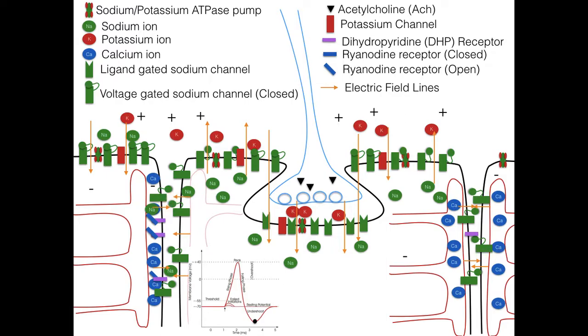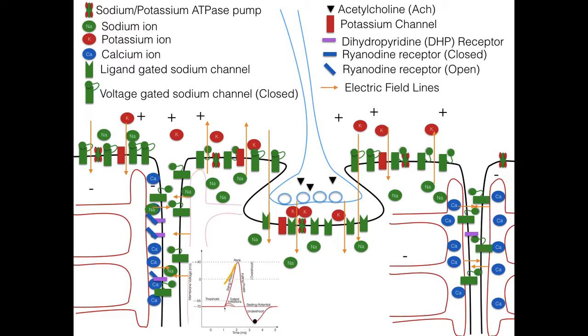And at this point, so much potassium has actually left that we've not only got back down to -70, we've overshot that -70. And we're down to like -90 or something like that.